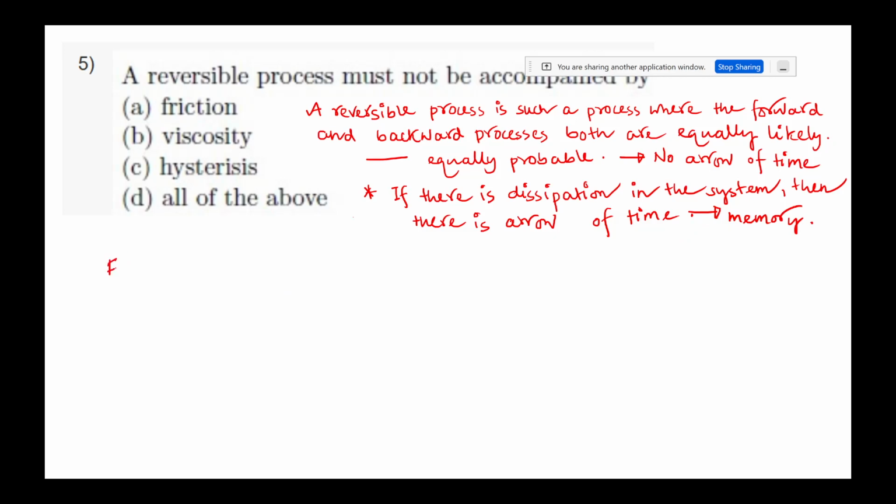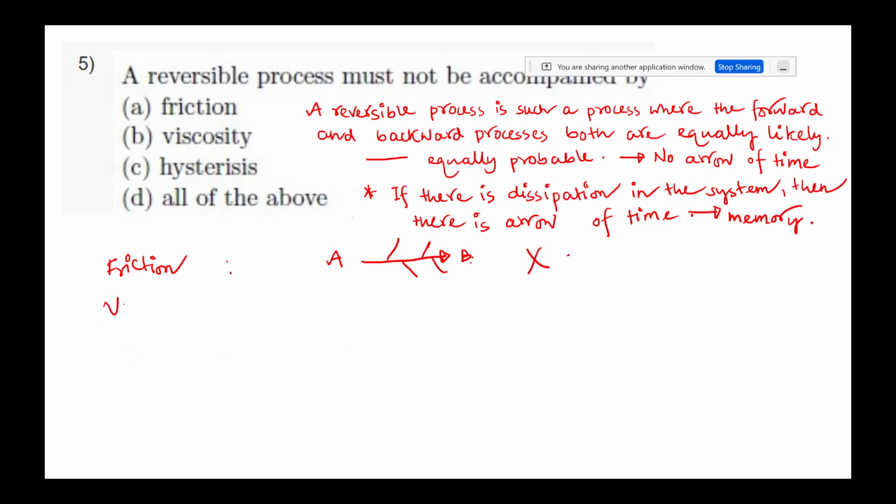So for friction, let's say you start from A to B. If there is friction in this path, you get to know that from A to B you will lose some energy. But if you think of a process B to A, you will get some unnoticed energy input in the system, which is unphysical. So this is not possible for reversible.